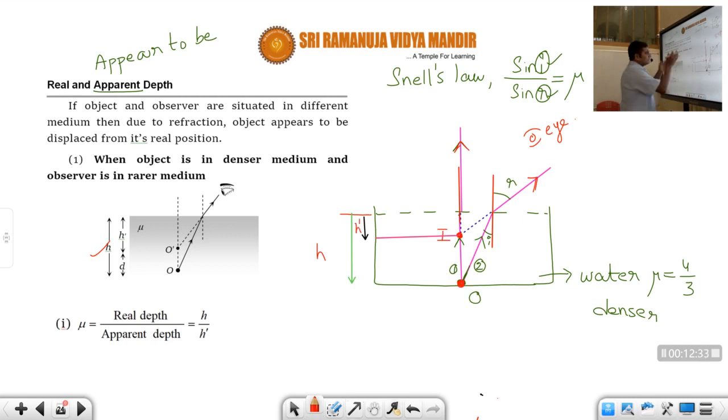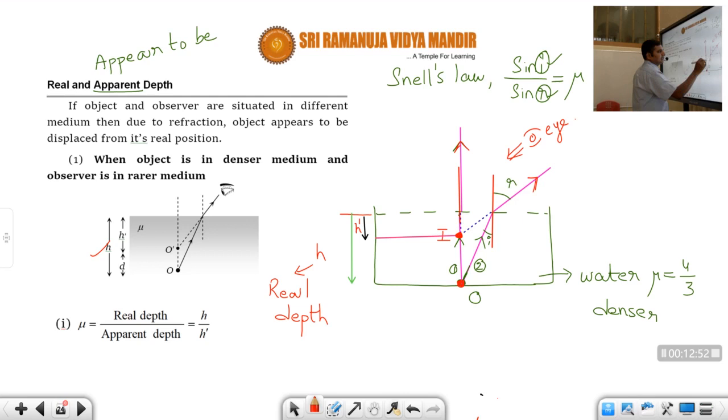So actual depth is h, this h is called the real depth, that means the object is actually at this much depth, okay students. But when you see from here, you will see the object here, which is at what depth students?